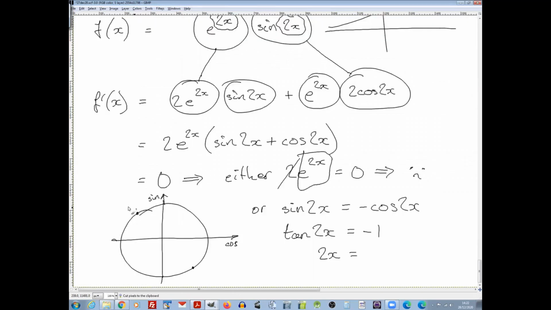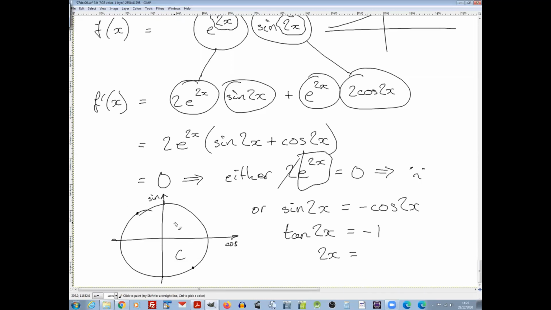Right. Okay. In other words, we've got to be on the line y equals -x because the general point is that the y value is the negative of the x value. So that would equal -1 as well.